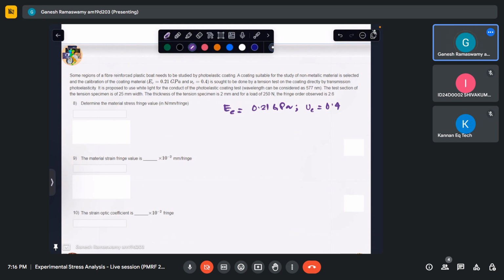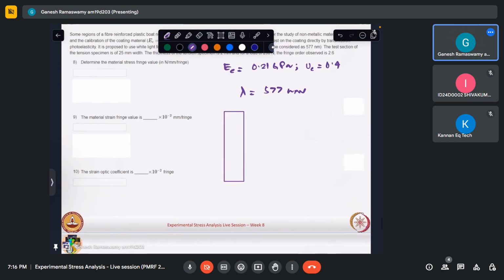The test section of the specimen is 25 mm wide, the thickness of the coating is 2 mm, and the load being applied is 250 Newton. And the fringe order observed is 2.6.